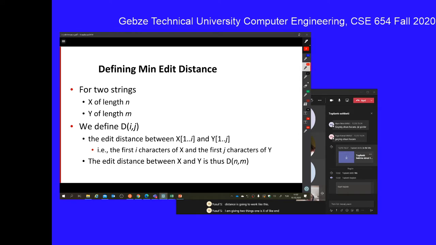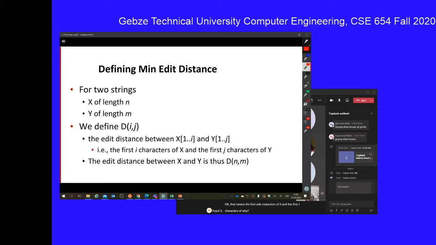The second one is y of length m. And we define a two-dimensional array D[i][j]. This D[i][j] will give us the minimum edit distance between x and y, but it will give us all the minimum edit distances of the subwords of x and y.